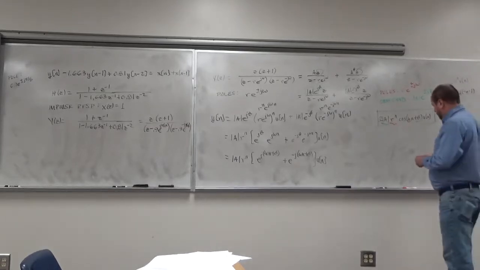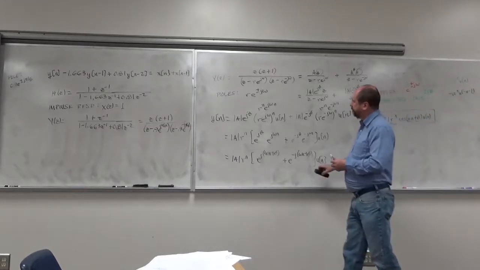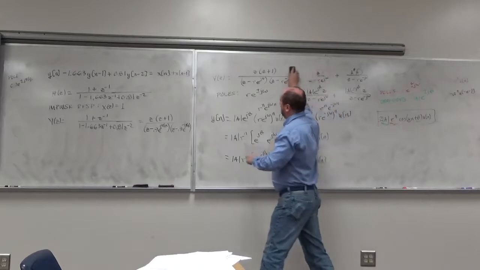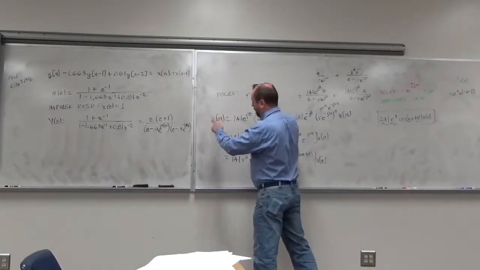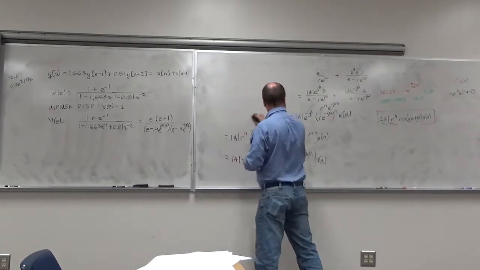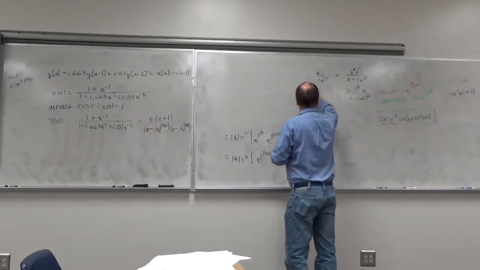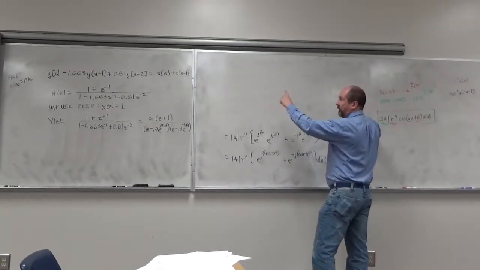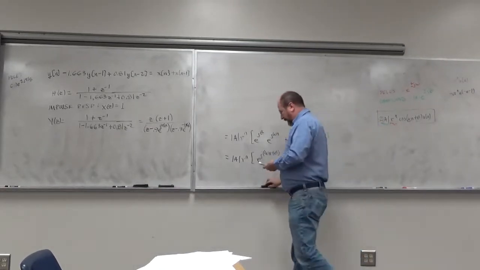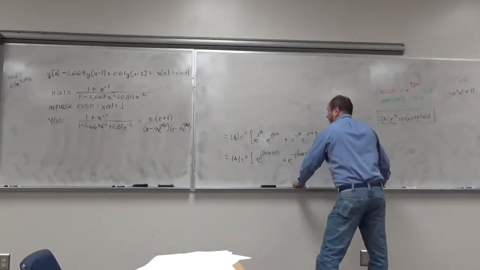I am going to write that example that we've been working on over here now. And the reason I'm going to write it over here is I'm going to lower the screen and show you how to do this with MATLAB.